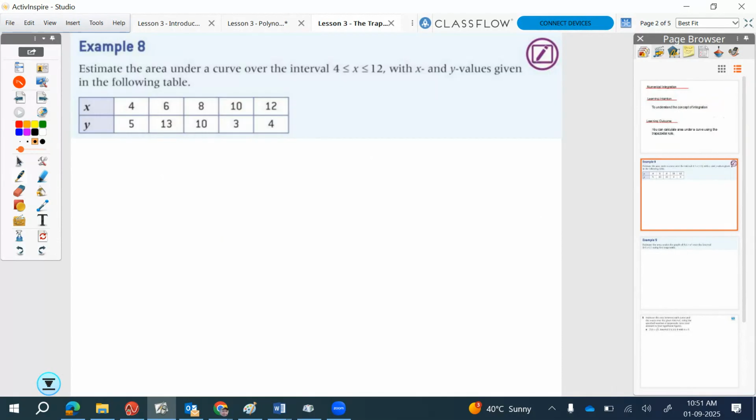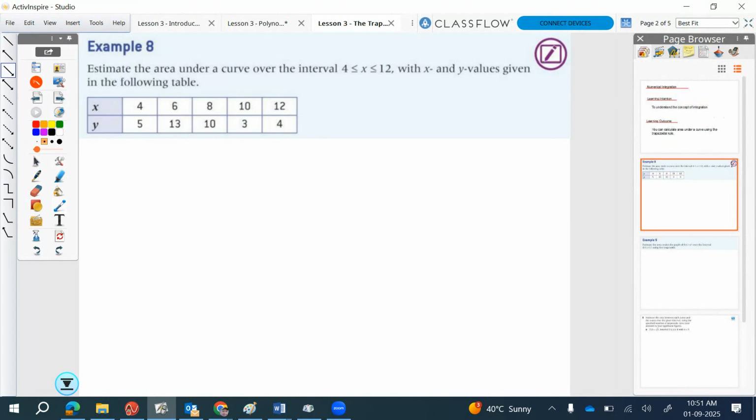What we'll do to start off with is make a bit of a sketch of the information that's provided here. There's my y-axis, there's my x-axis.